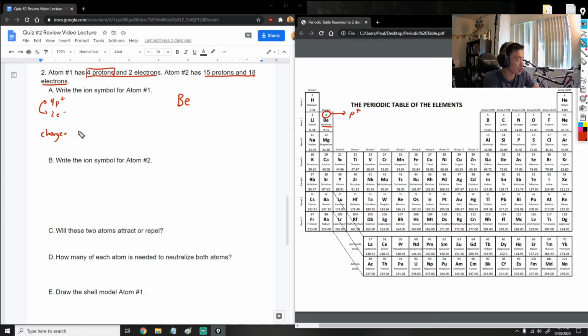And we know that the charge is equal to the protons minus the electrons. So we just plug and chug into this equation. 4 minus 2 is going to give us positive 2. So that means that this ion is Be2+, beryllium 2+.